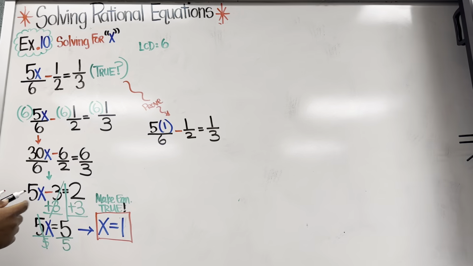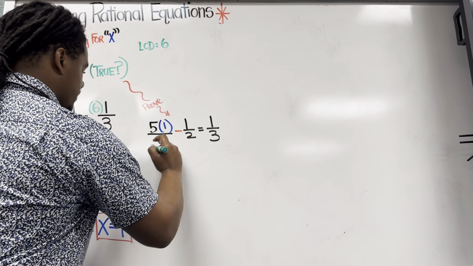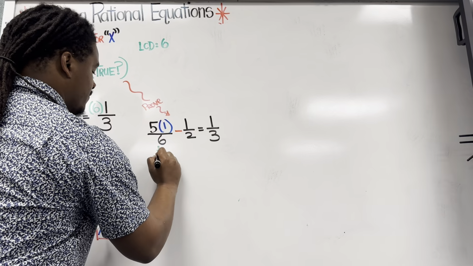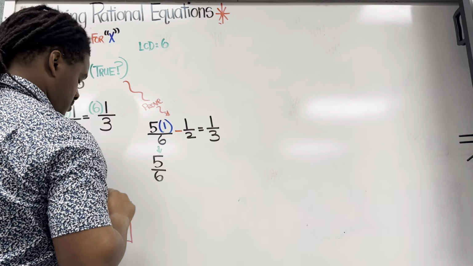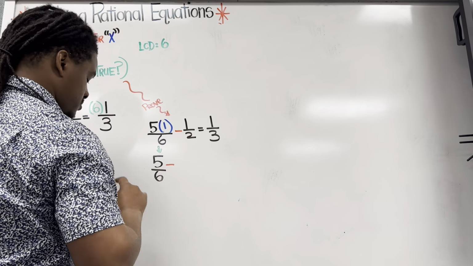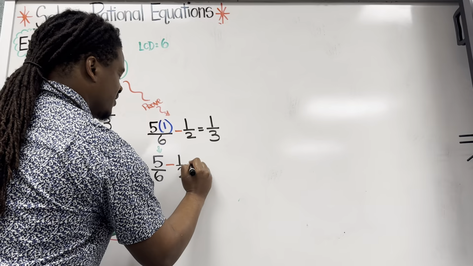Now, 5 times 1 is 5, so that's going to be 5 over 6 still. So now we still have 5 over 6, minus 1/2, still equals 1/3.